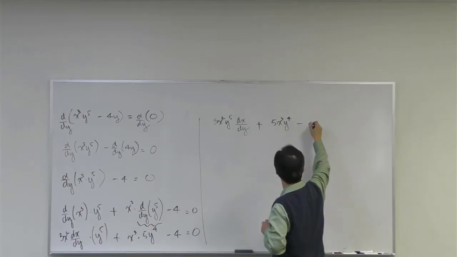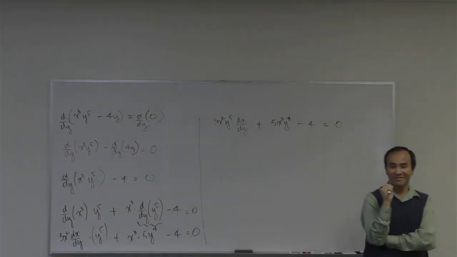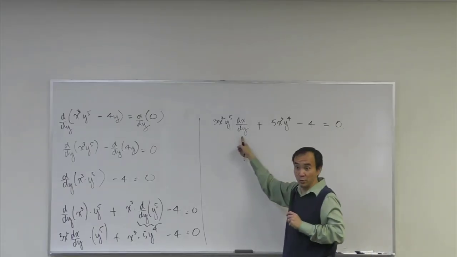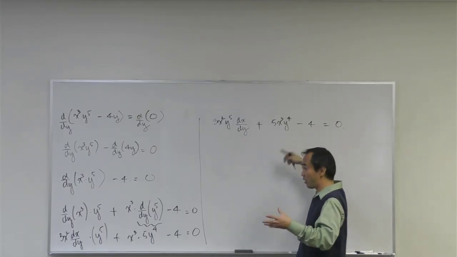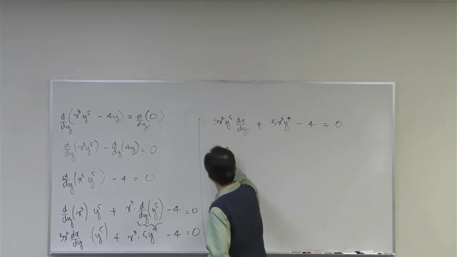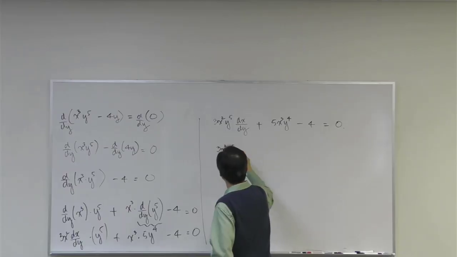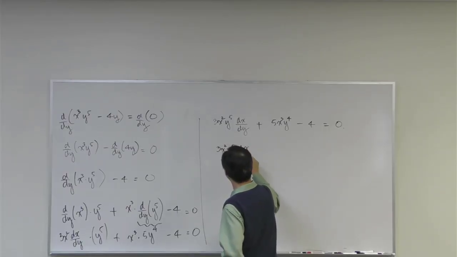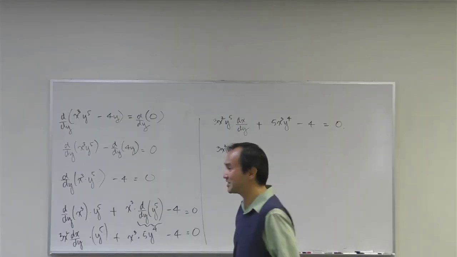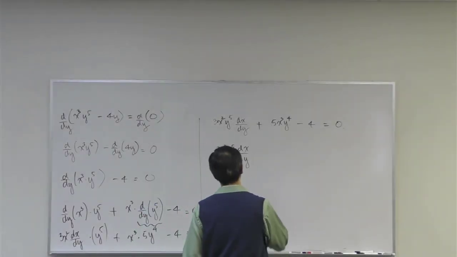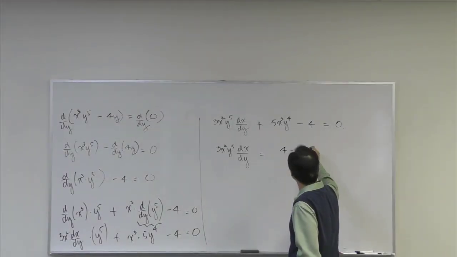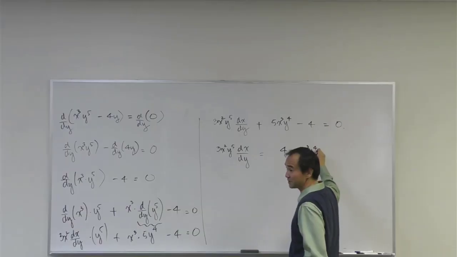And subtracting 4, equals 0. So for this problem right here, this is the only term that comes with the derivative, the dx dy, right? These guys are all independent from the derivative. So let's bring those to the other side then. Now I'm looking at 3x squared, y to the 5th. I'm so used to dy dx, but you see, there are times that it's dx dy. Using x and y for the variables is sometimes dangerous. 4 minus, right? 5x cubed y to the 4th. Good.